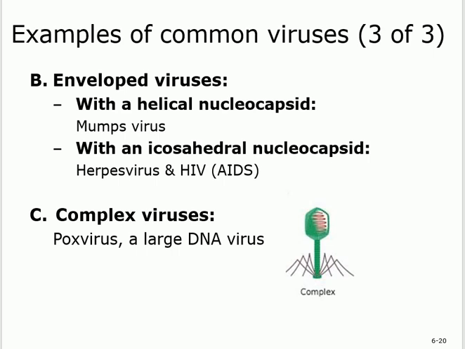Icosahedral is like herpes and HIV. Complex is both icosahedral and helical at the same time, right? Part of it is icosahedral and the other part is helical. And the example of that you need to remember is pox virus. Okay, so pox virus is an example of complex virus.